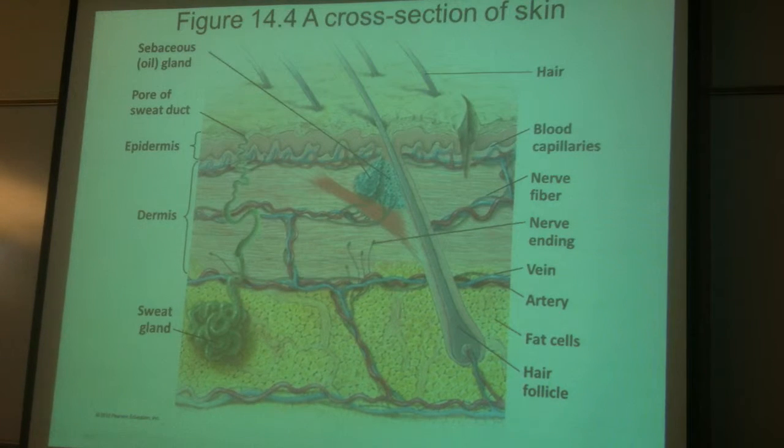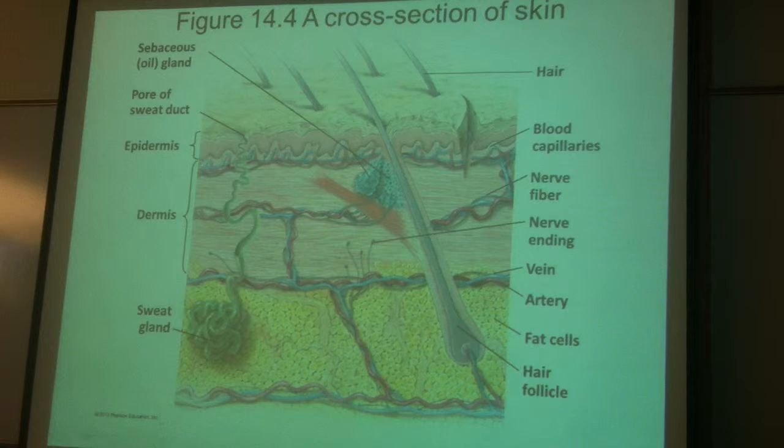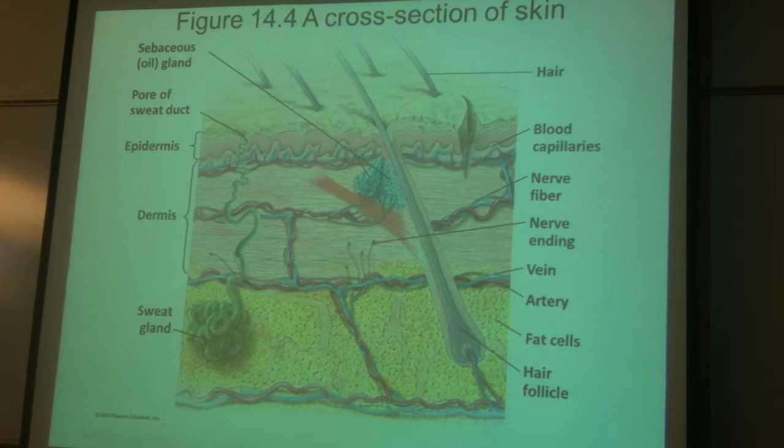Skin. First line of defense, you have this nice epidermis with this nice thick, or depending on who you are, layer of dead skin cells that are very salty, making it a very hostile environment for microorganisms. So you have an epidermis, a dermis, and then you have more of your fat cells, your hair follicles, nerve endings, and nerve fibers.